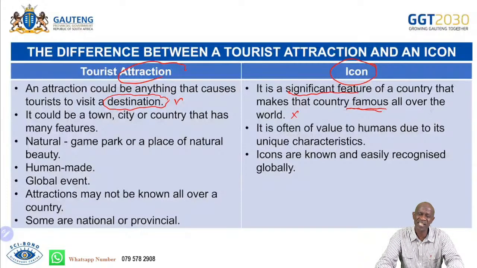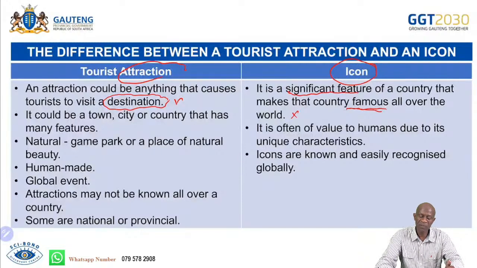So South Africa is a country and has different attractions to offer for tourists, so it itself can be referred to as an attraction. Cities like Johannesburg can be regarded as an attraction for business tourists and health tourists, because of the different attractions that we have in the city.